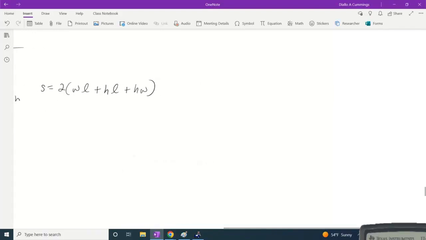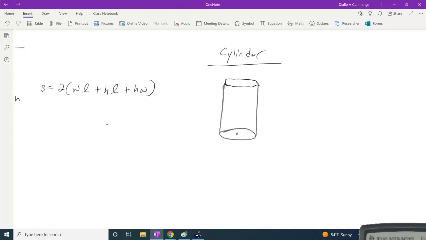Next, we're going to look at the surface area for a cylinder. So for a cylinder, you have a circular base, right, sort of like a Coke can. You also have a circular top, you have a radius, and you have a height.